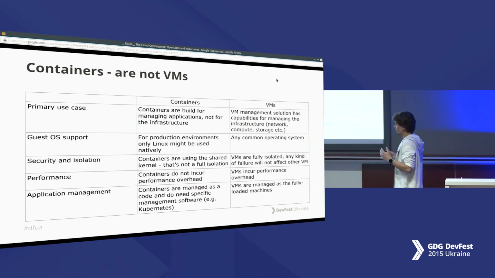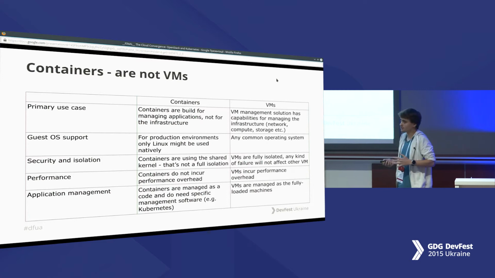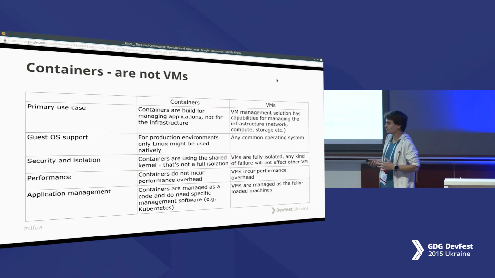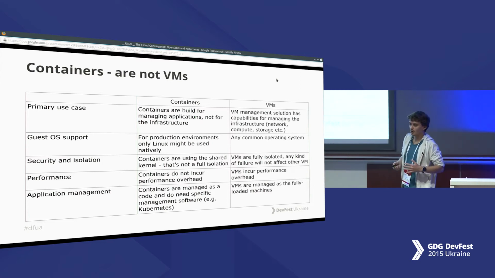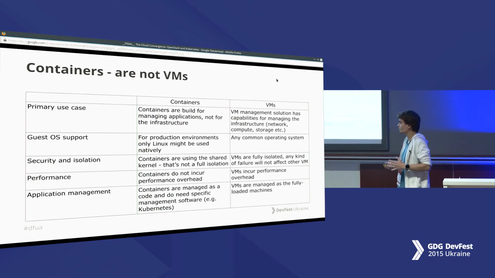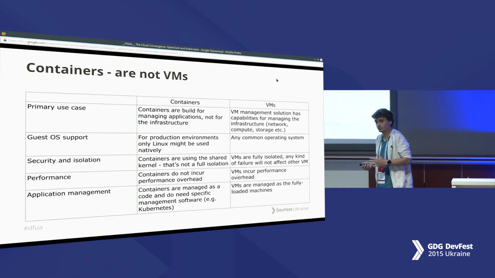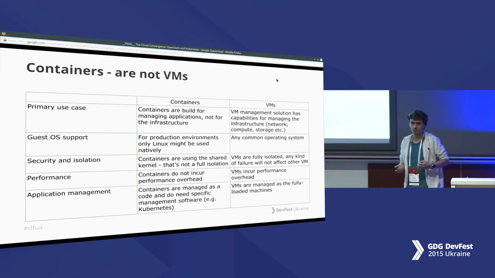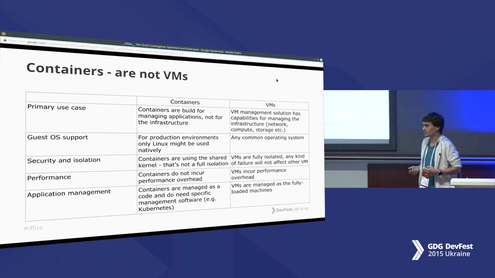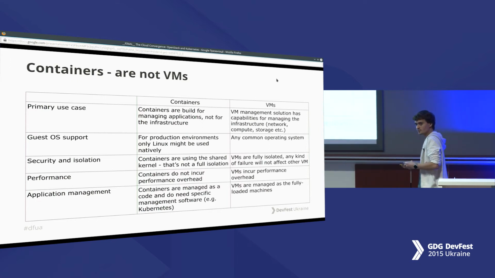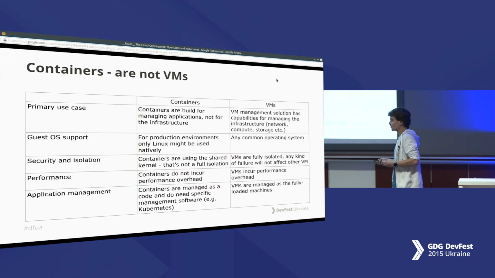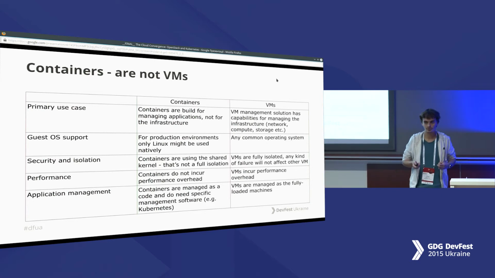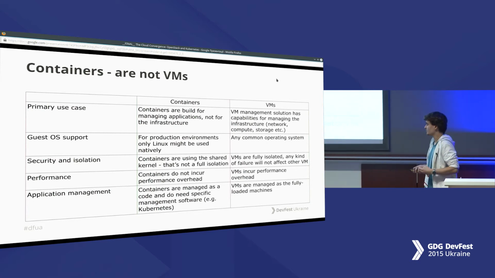When you'd like to manage a virtual machine, you may use either a manual way for full configuration, or you have to use much more solid and strong configuration tools like Puppet, Chef, and something similar. For containers, you may use the native Docker API to manage them easily.